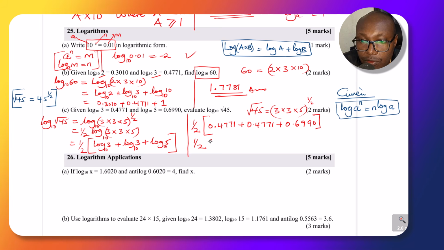So you have a half, multiply, you add everything there using a calculator, and when you add everything, 0.4771 plus 0.4771 plus 0.6990, you will get 1.6532. And this one simplifies to, when you divide that by 2, 0.8266 as the solution for that particular part.